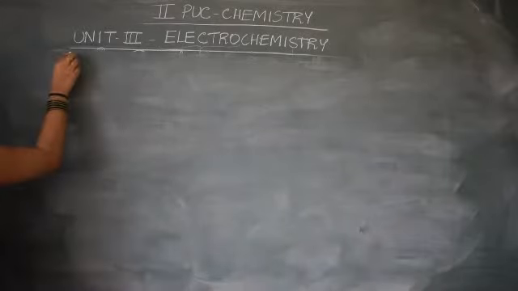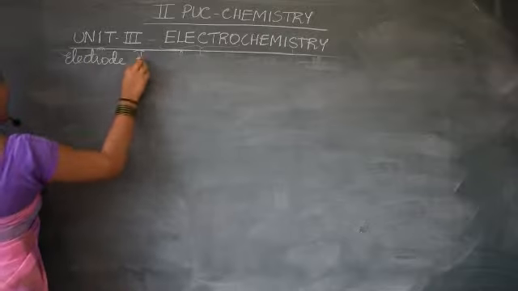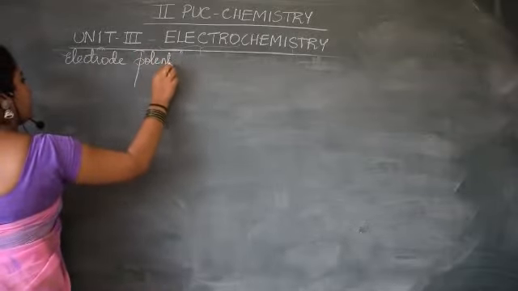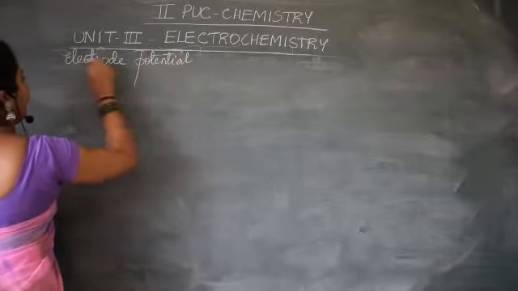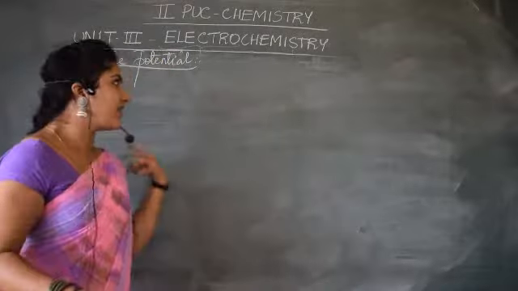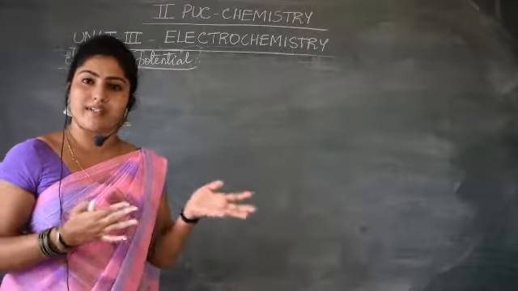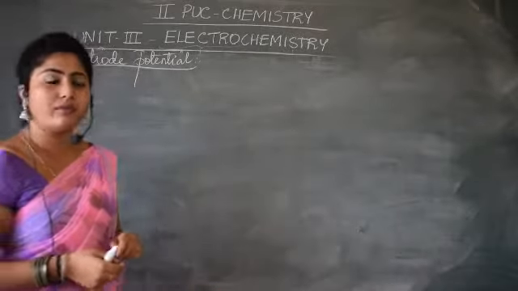Further, we see the important term, electrode potential. You have studied this in your class 11, that is first PUC concept. You have studied what is electrode potential, what is standard electrode potential also.